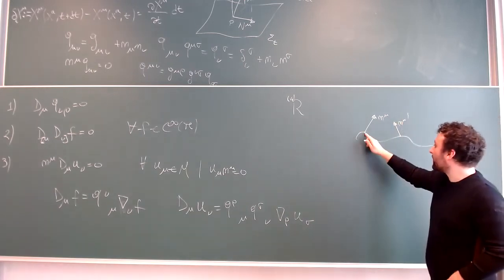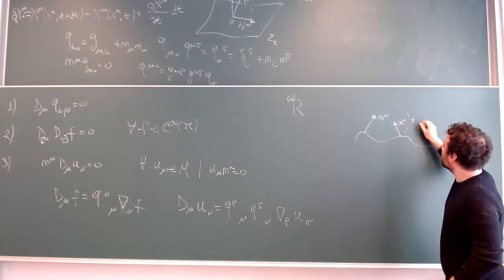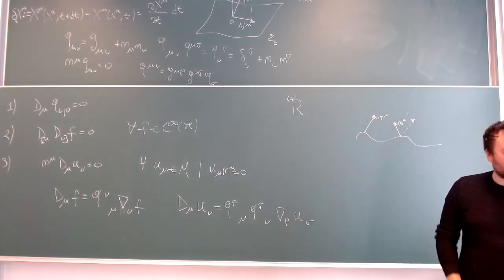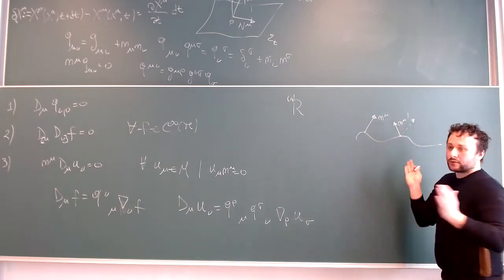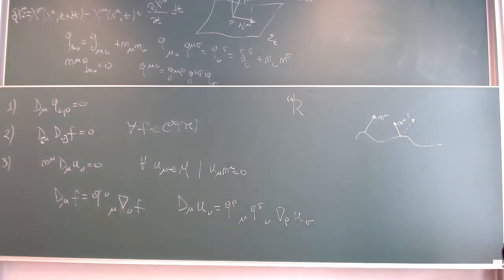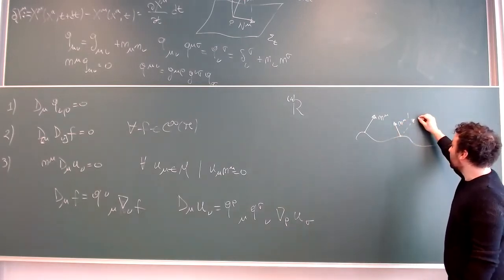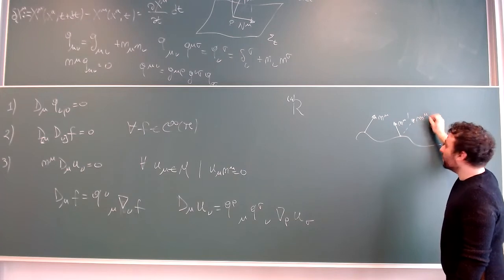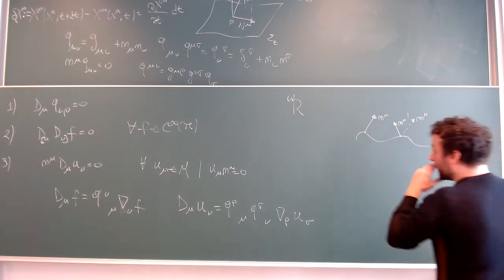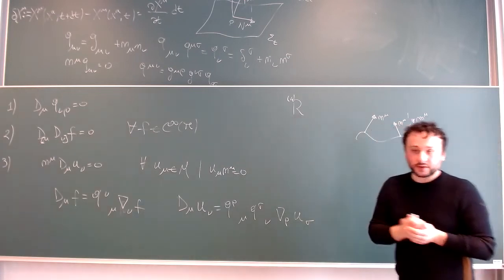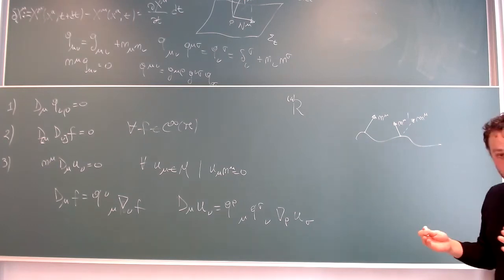If we parallel transport this one in here, you will get this other vector. The exterior curvature measures the difference between the two, n mu prime and n mu. So what we are expecting is that in this curvature, the exterior curvature will also emerge.